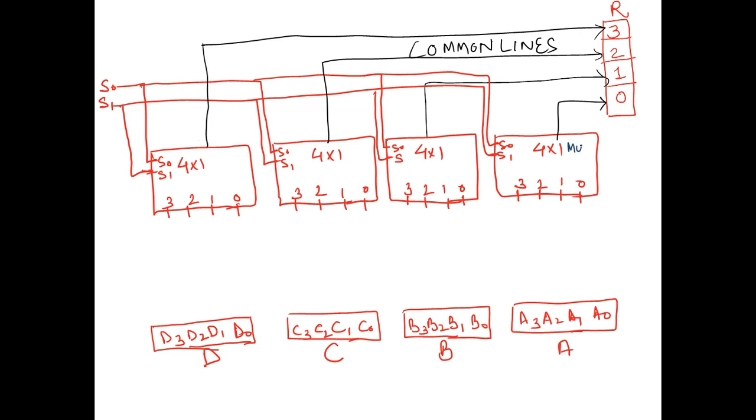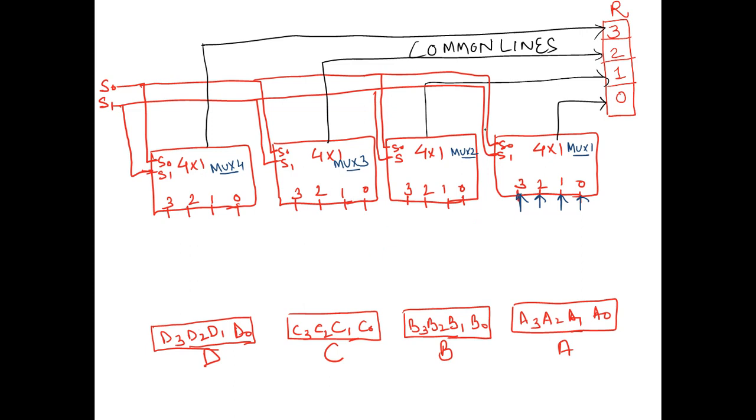Let's suppose this is multiplexer number 1, this is multiplexer number 2, multiplexer number 3, and multiplexer number 4. These are the 2 selection lines, which would be commonly attached to all the available multiplexers. What I need to remember is what input is coming into these multiplexers. That is the point to understand here.